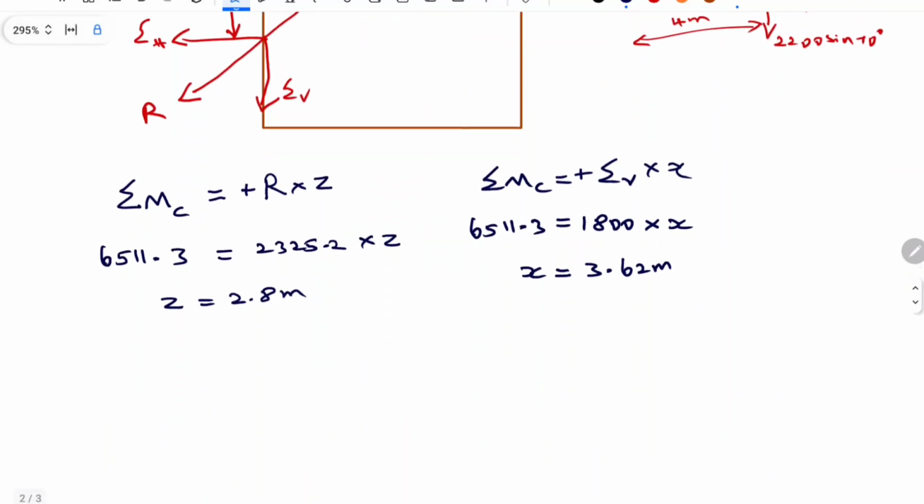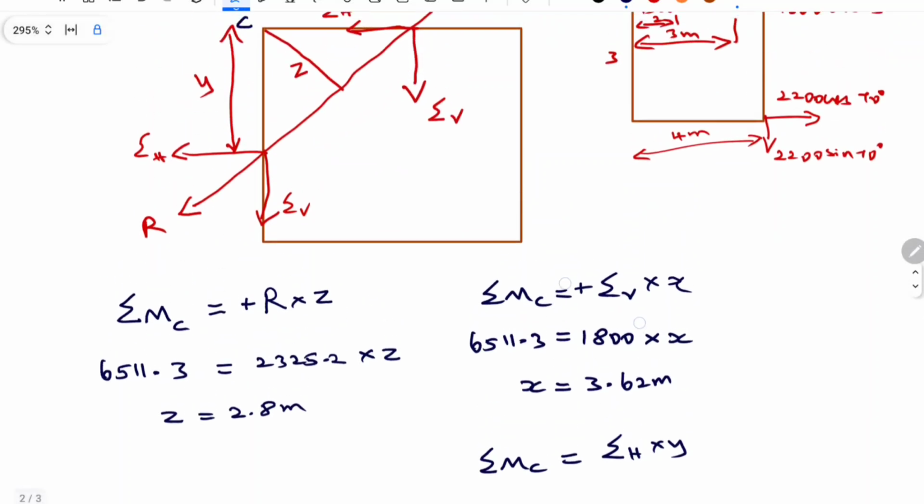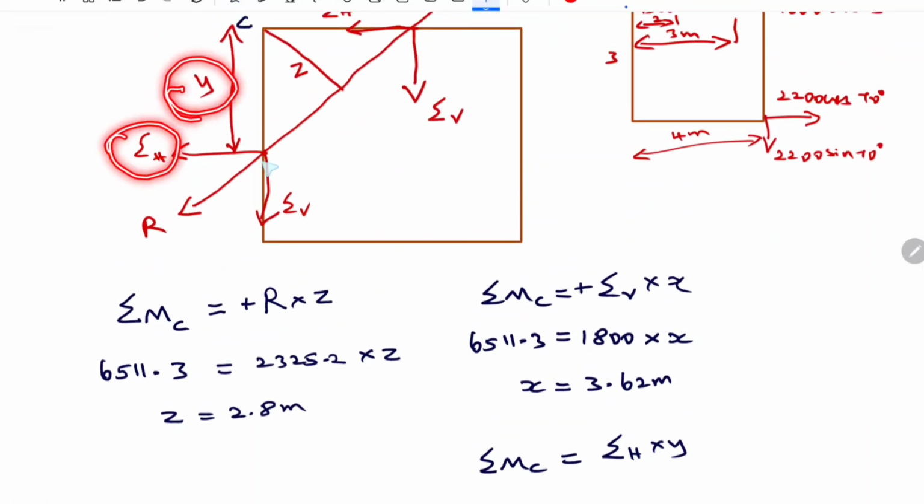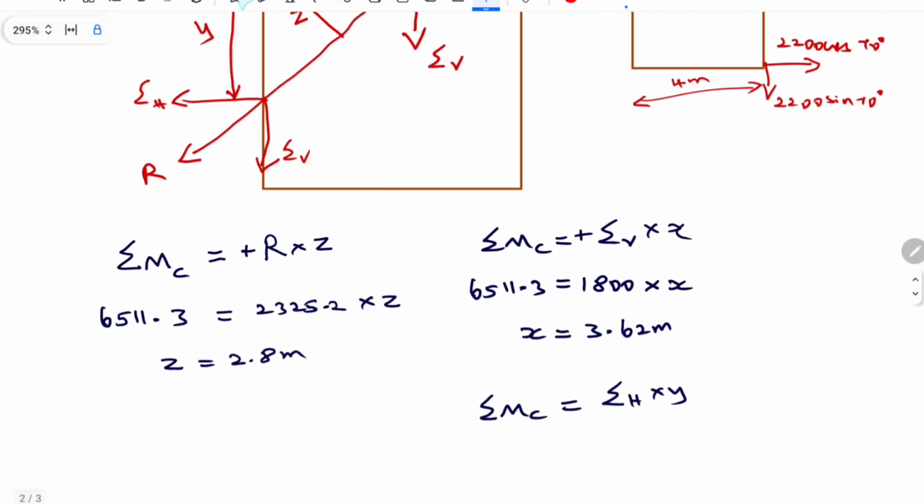So similarly for the Y value, the summation of MC is equal to H into Y. So you can see the vertical edge, sigma H into Y. Here the H is acting in the anti-clockwise direction, but here also I am not considering the direction because it is already acting on the negative side.